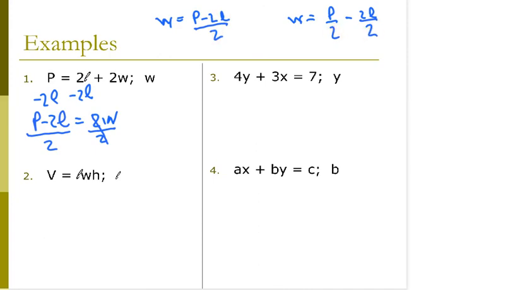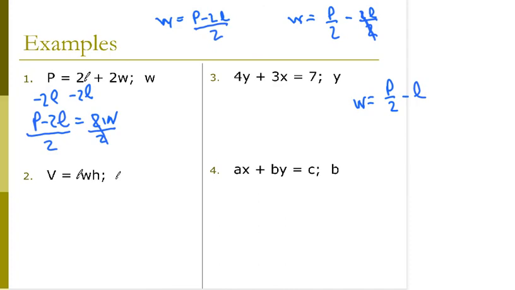We can go a step further, and 2 divided by 2 is 1, and we end up with 1L. So we could rewrite everything as w equals P over 2, or 1/2 times P, take away L, as our solution. So if you need to, remember it's a recording, so you can go back and review the steps carefully. Anything that you got lost on, you might want to ask about in class.